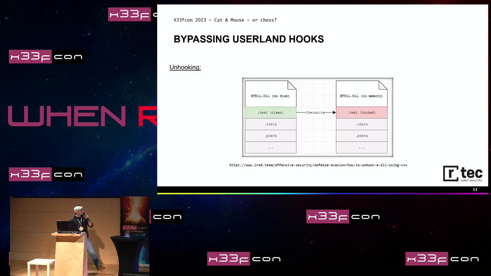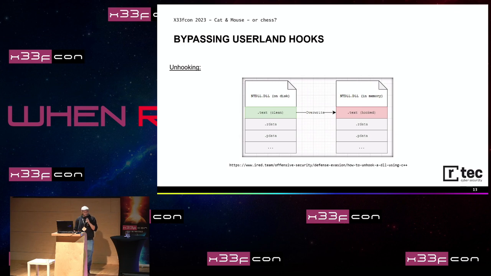So first things first, unhooking. As we saw in the screenshot, the EDR typically places a jump instruction into specific Windows APIs to jump to its own DLL and to make an analysis there. This hook is typically in the text section of the DLL in memory.